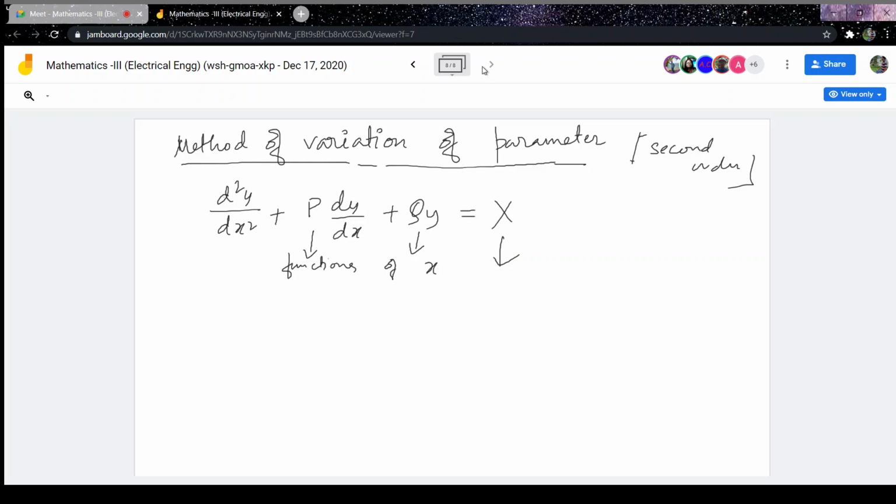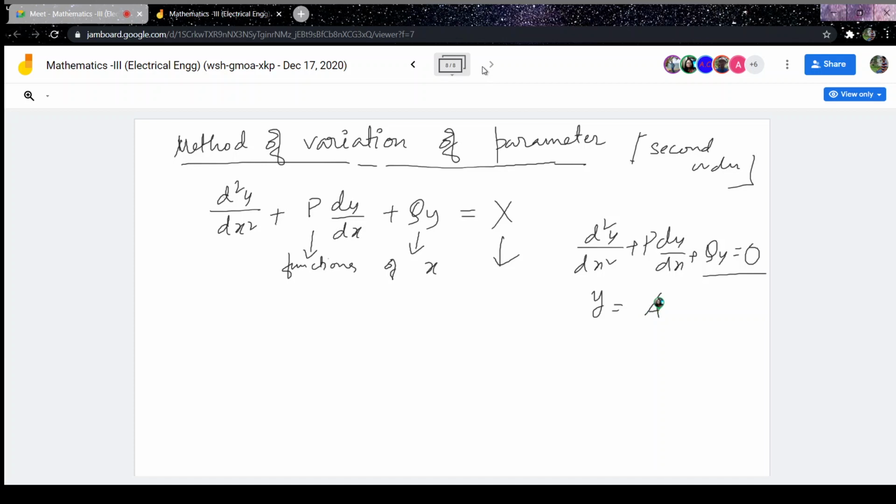So we have to solve this equation. Now we know this is the homogeneous equation for this equation, and we will find the complementary function from this equation, and we know how to solve this.